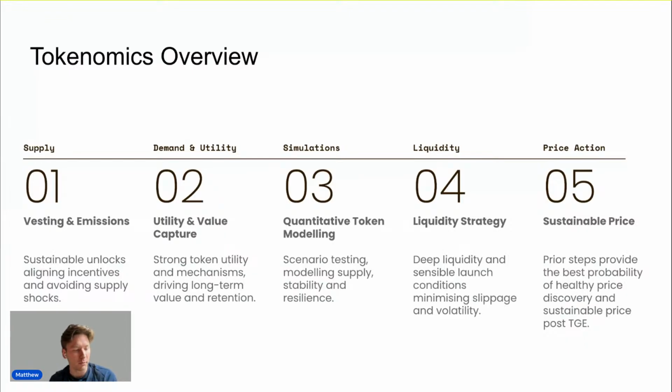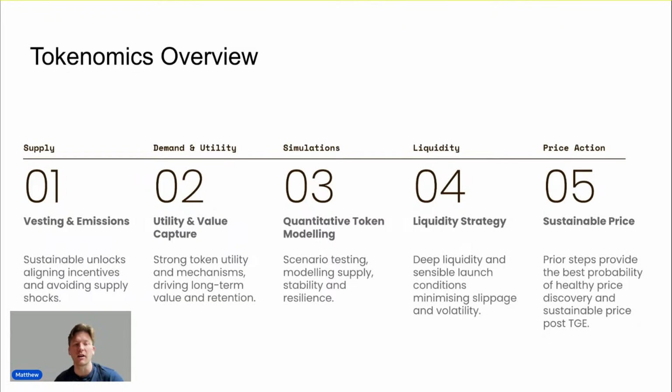So I think tokenomics can be considered as the intersection of economics, incentive design, psychology, user behavior, and traditional finance, but all of them together in a very unique setting. And so I think some of the key considerations and steps to go through when we consider our tokenomics is from a supply perspective.